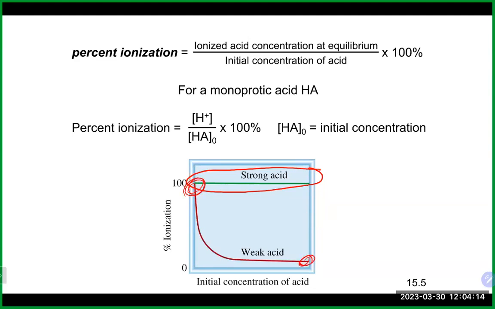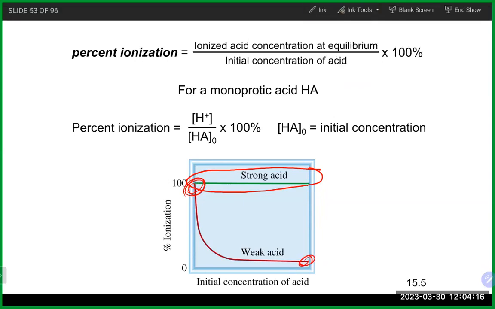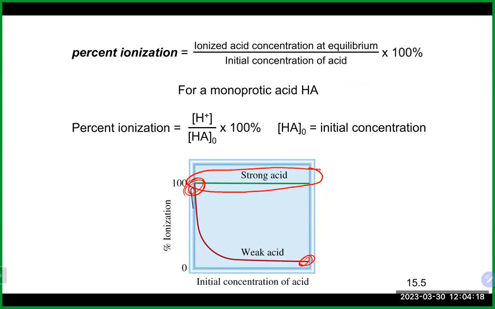The difference between those two locations on this graph is the concentration. We talked a little bit about it last time. If you have a much smaller concentration to begin with, any change that you have is going to be a lot more significant than if you started with a larger concentration.